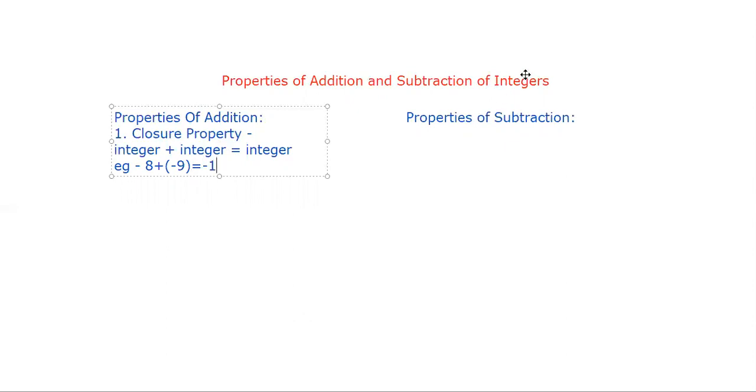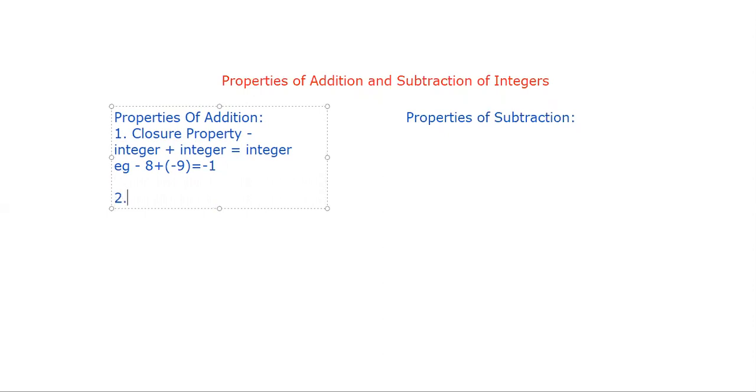So here I can see that an integer added to an integer is an integer. So we understand that an integer plus an integer is always an integer.